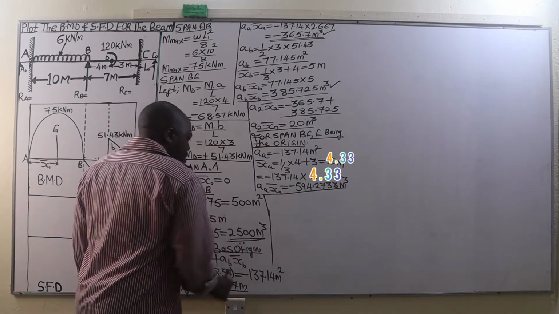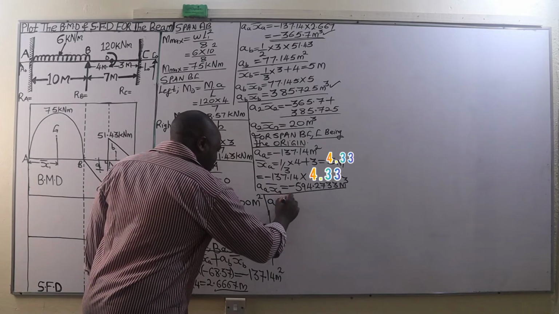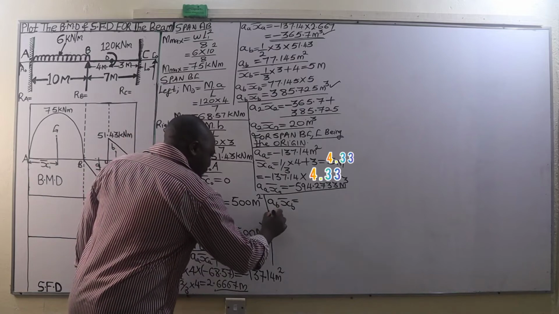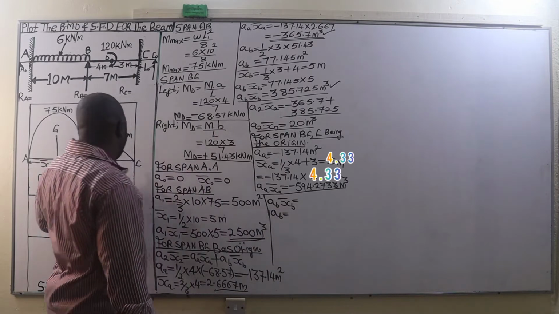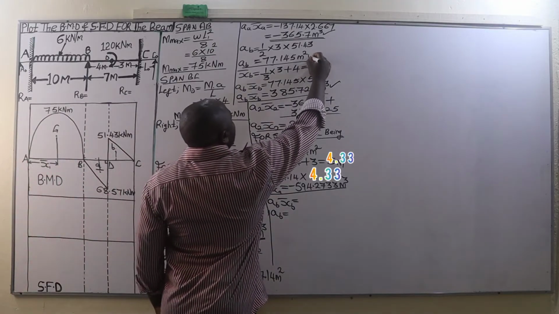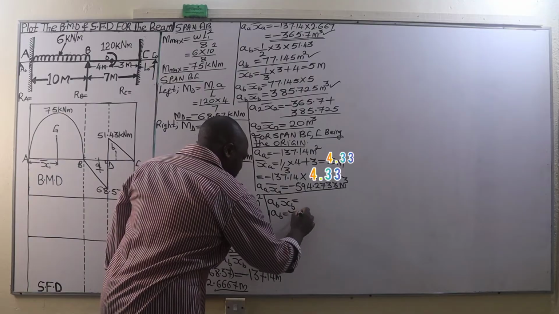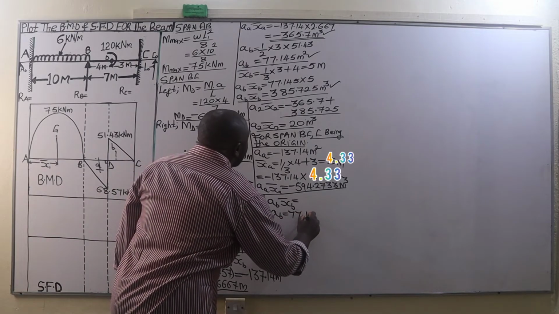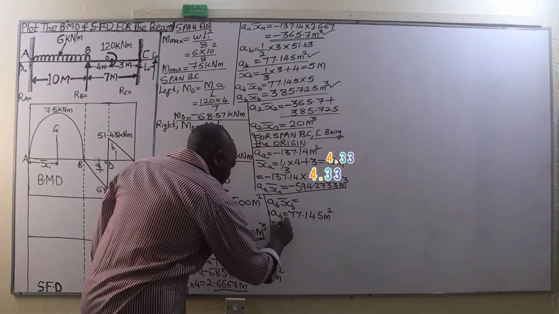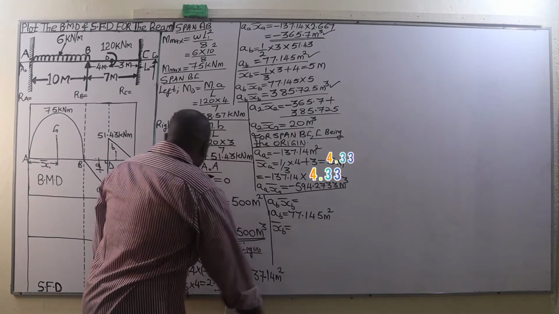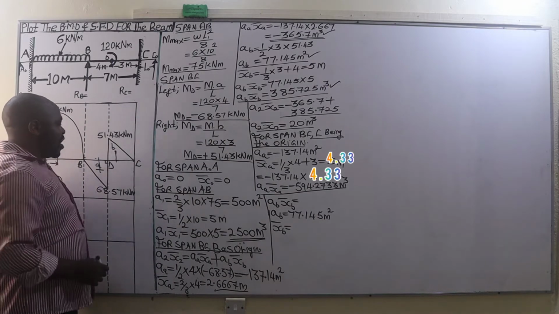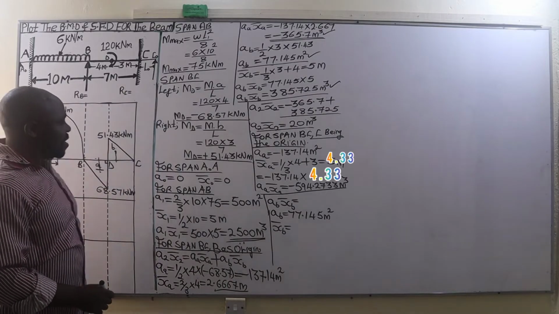Then from there we go to AB by XB, in this case C being the origin, and AB is the area of this triangle, which we had gotten as 77.145 square meters. Then XB will be given by the distance from the center of gravity of this triangle all the way to C, which is 2/3 of 3.